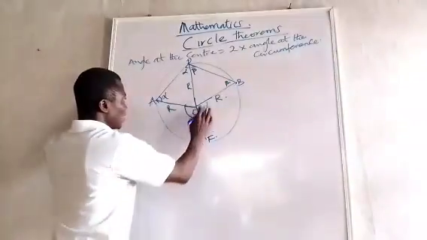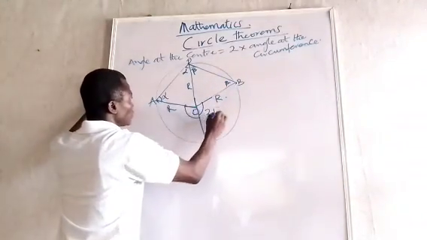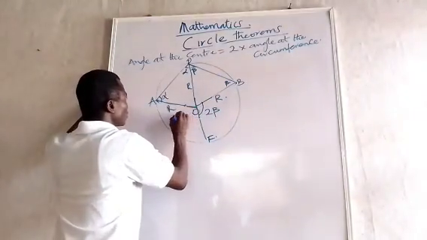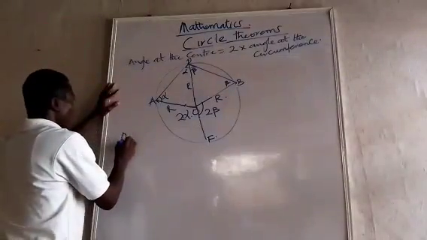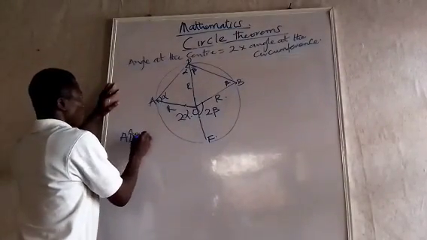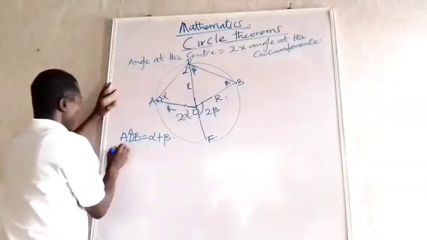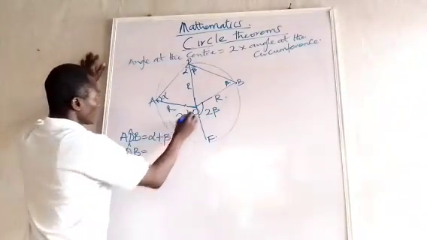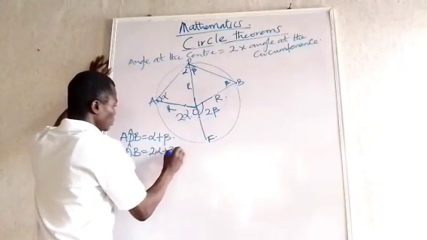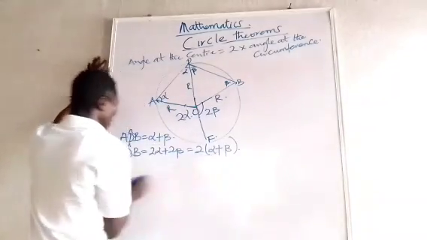And if you look at it, FOB, this place will be equal to 2 beta. This place too will be equal to 2 alpha. And the angle here, ADB, is equal to alpha plus beta. And angle AOB, from the proving, is equal to 2 alpha plus 2 beta, which is 2 into alpha plus beta.